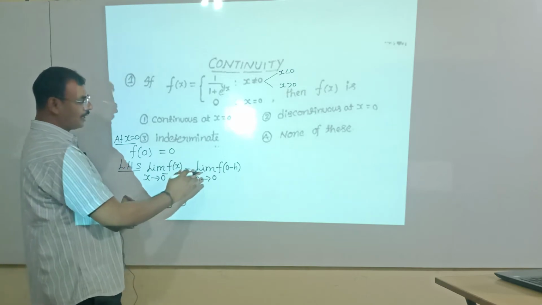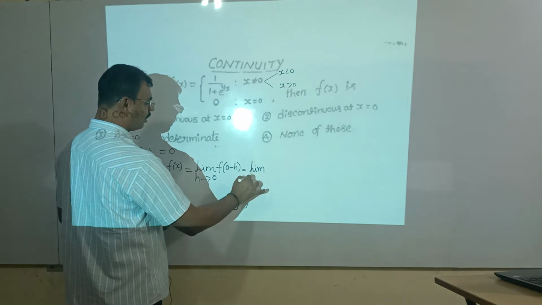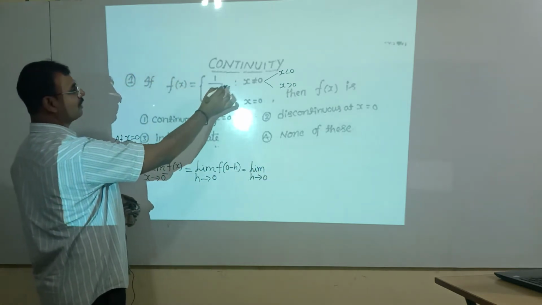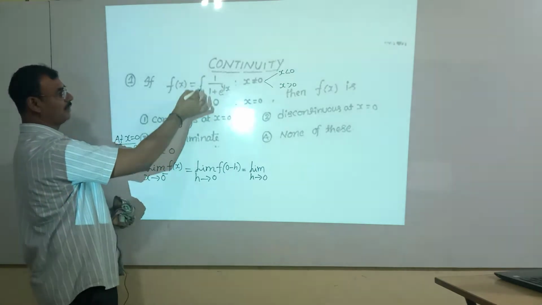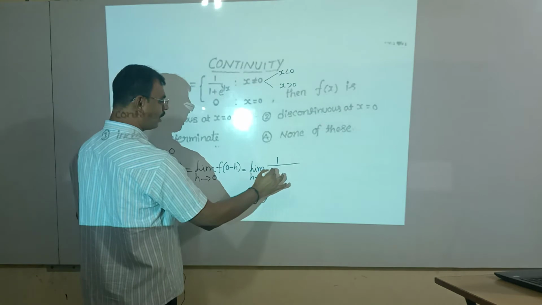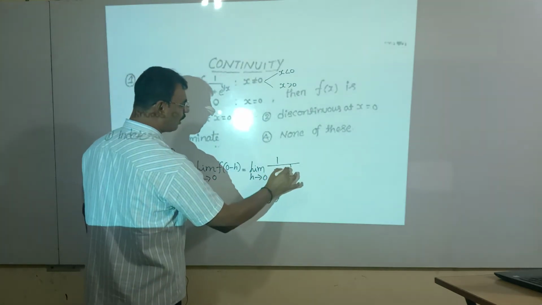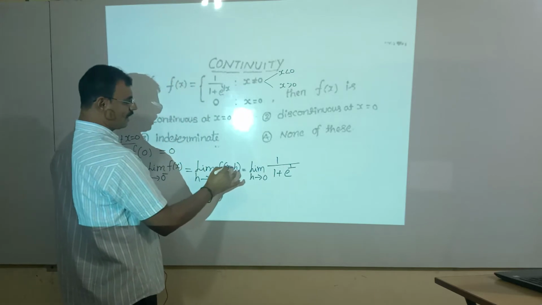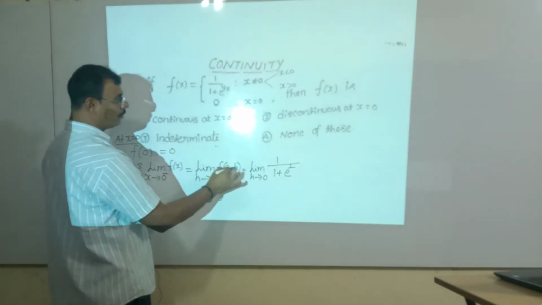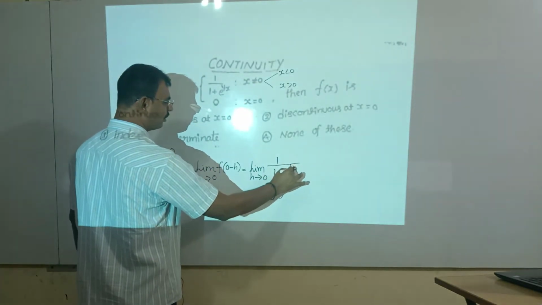Now this I can write. This is equal to the limit as h tends to 0 of f of x, and when x is smaller than 0 the same expression is there. I have to write 1 upon 1 plus e raised to 1 divided by x, replacing x with minus h. x is equal to minus h.